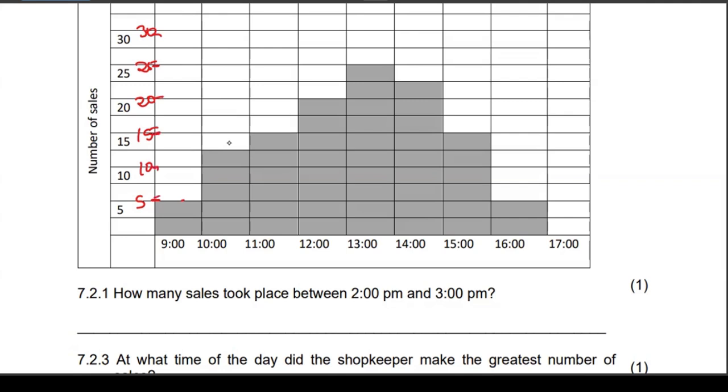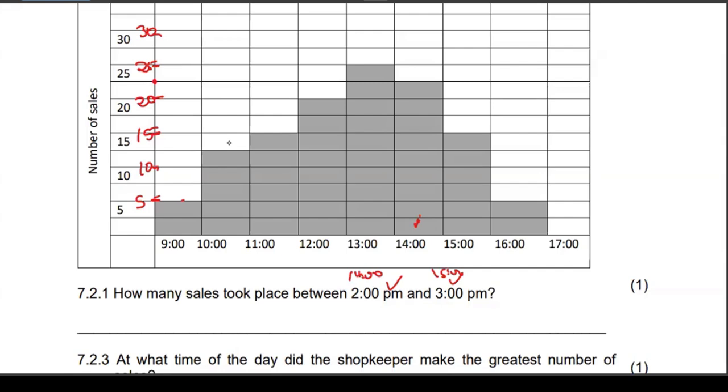How many sales took place between 2 and 3? We know that 2 is the same as 14 hours and 3 is the same as 15 hours. So between 2 and 3, our focus is this, which is 20.